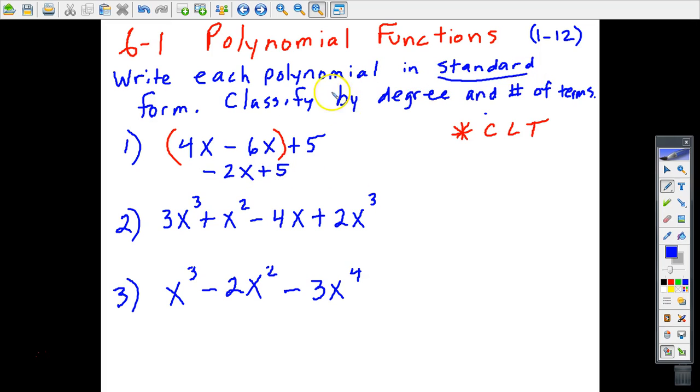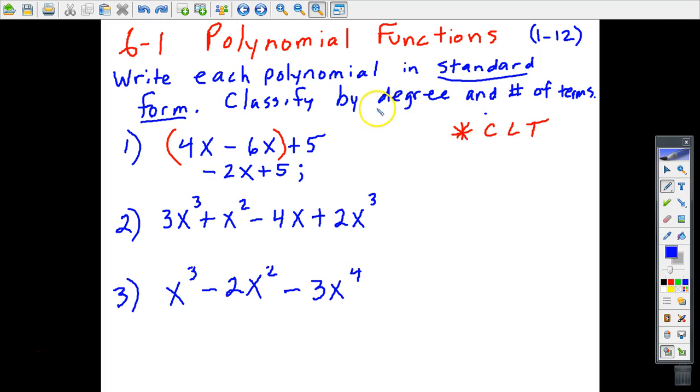Standard form means that I write my terms in highest to lowest exponent order. That's simple in this case because I only have one term that contains the variable x, and it's got an exponent of 1, of course. So this is my standard form for this particular polynomial.